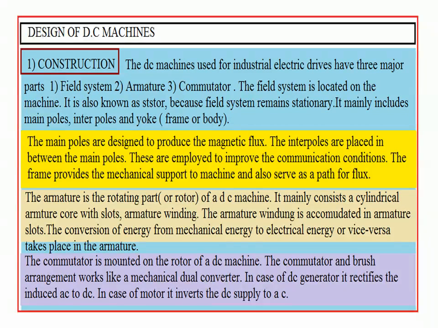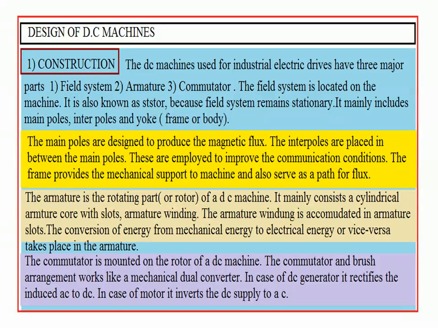The DC machines used for industrial drives have three major parts: field system, armature and commutator. The field system is always stationary, hence it is also known as the stator.